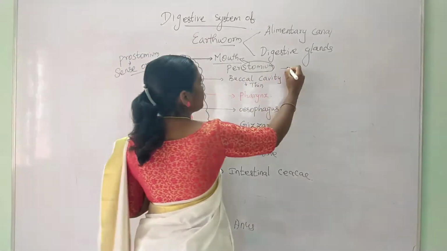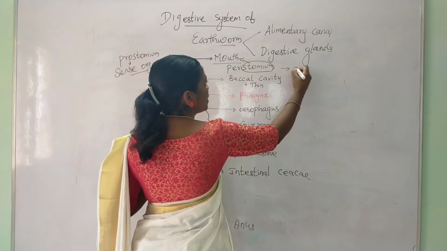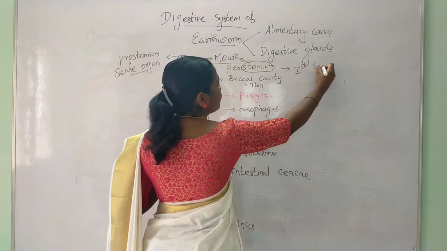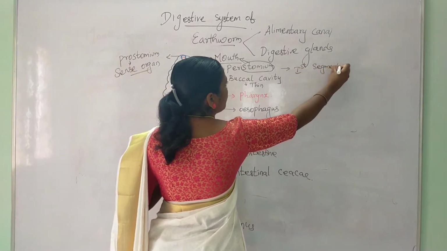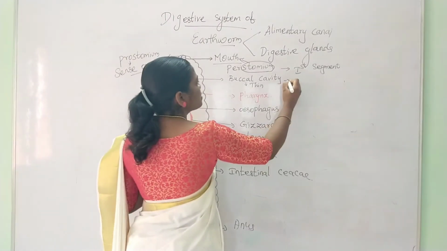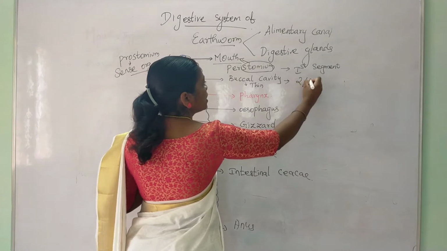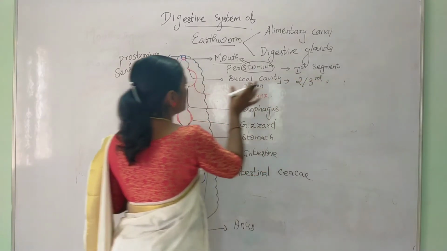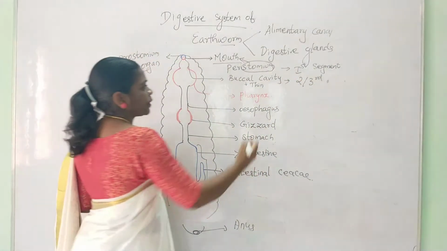The mouth is the first structure present on the first segment of earthworm. You can find the peristomium on the first segment. The second and third segments contain the buccal cavity.